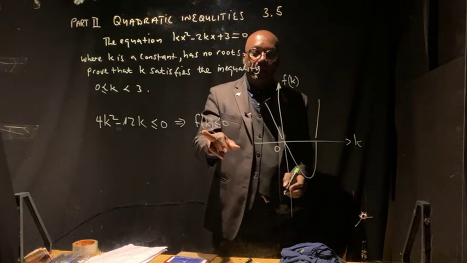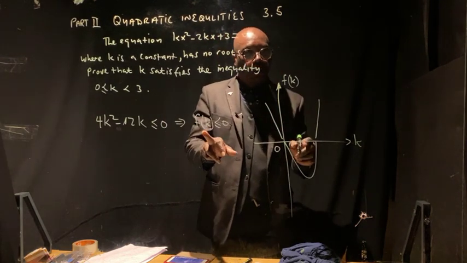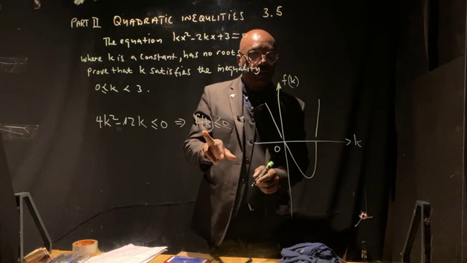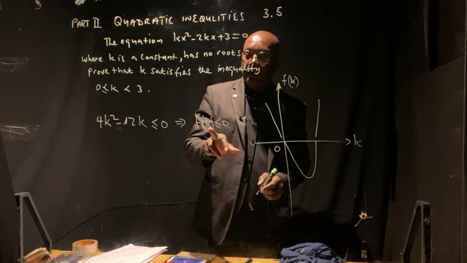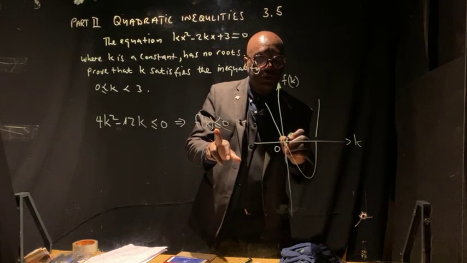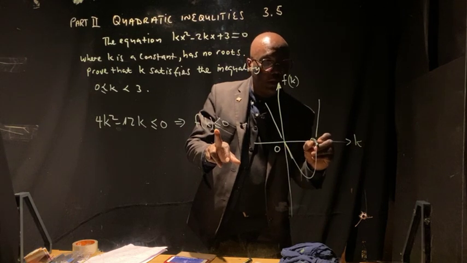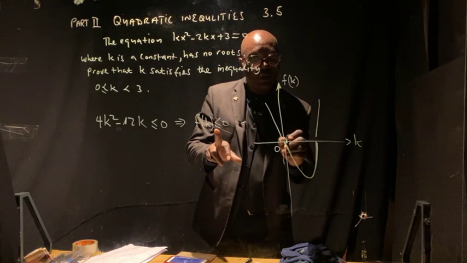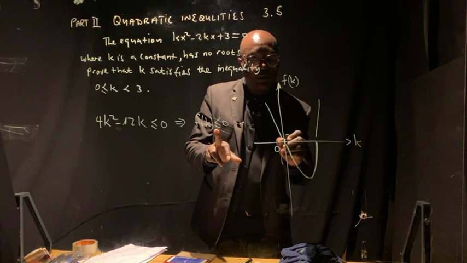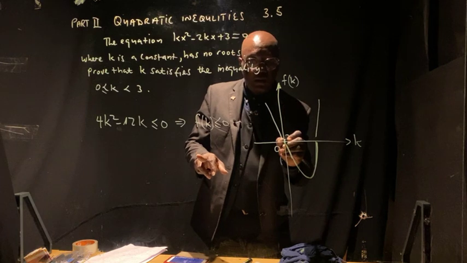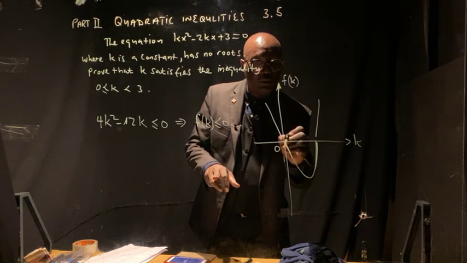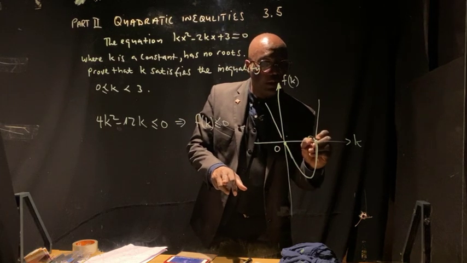Because f of k is less than 0, it is this portion of the curve we are considering, and the values within this region are k equals 0, which is here, and k equals 3.